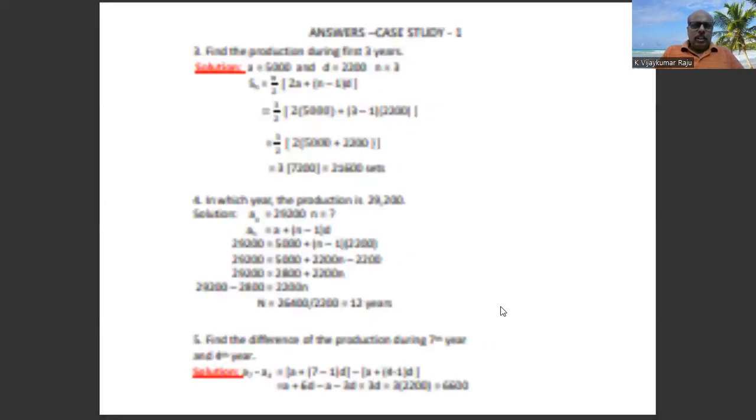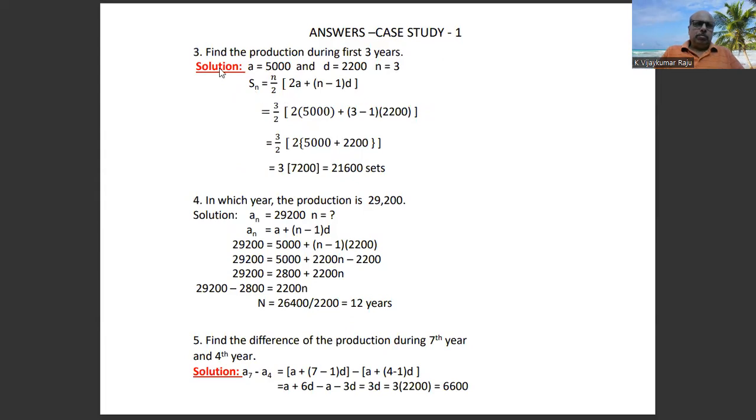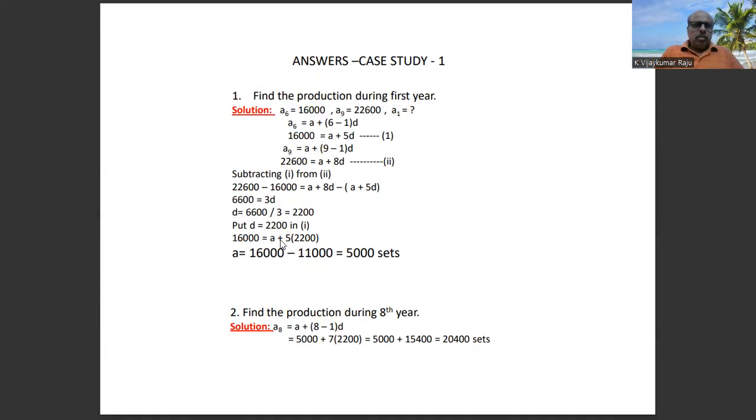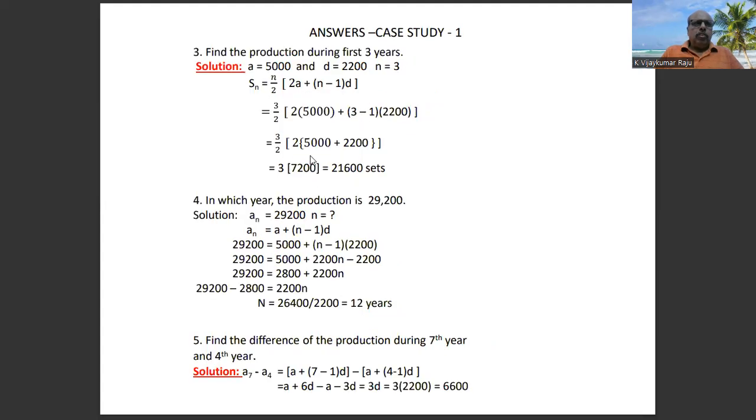Okay. Now let's take the third question. Find the production during first 3 years. Now see the previous question and this question. Find the production during the 8th year, and next is find the production during the first 3 years.